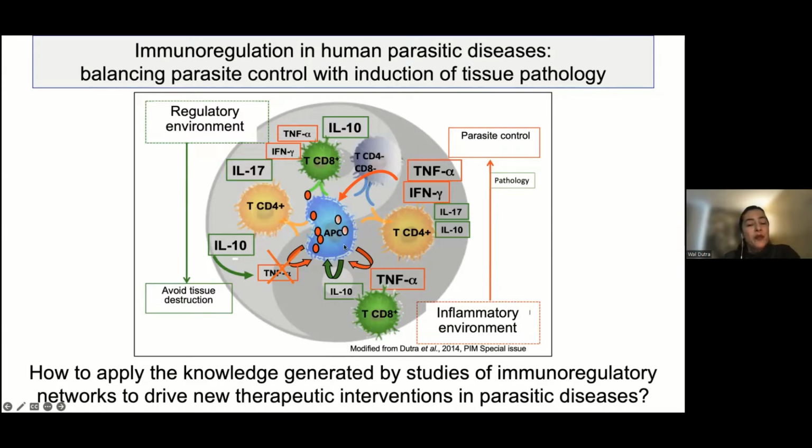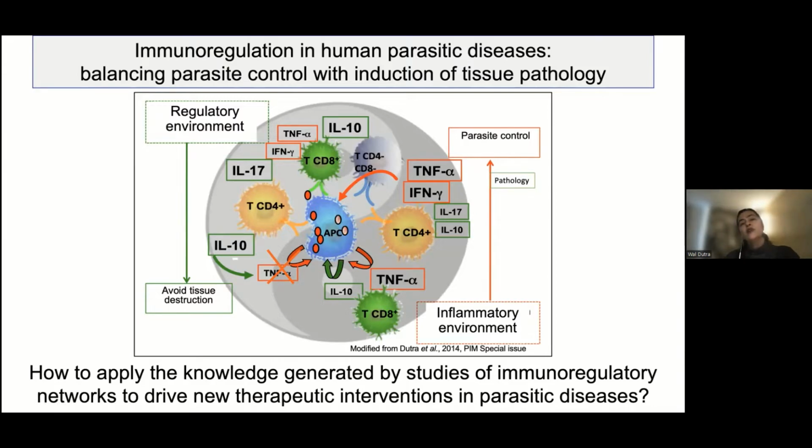And it's very important to remember that at the beginning of the infection, during the acute infection with Chagas, with Trypanosoma cruzi and Leishmania, these cells have to be activated to control the parasite. And this control is something that really happens very efficiently in the human host.